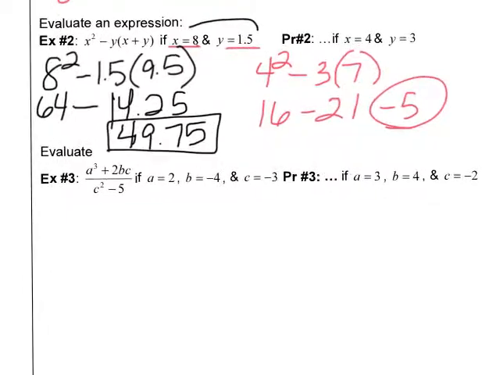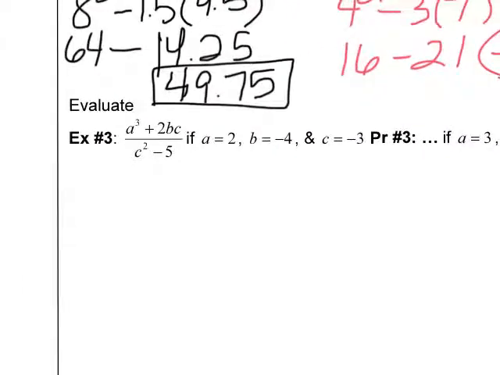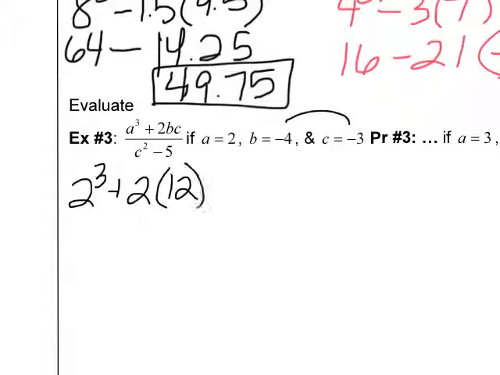Now you've just got 3 values that you're plugging in for. No more difficult, just one more step. So a cubed, so a value is 2 cubed plus 2 times. Here's where I would shorten things up. You can multiply negative 4 and negative 3 in your head. That would give you 12 all over. C value is negative 3 squared minus 5.